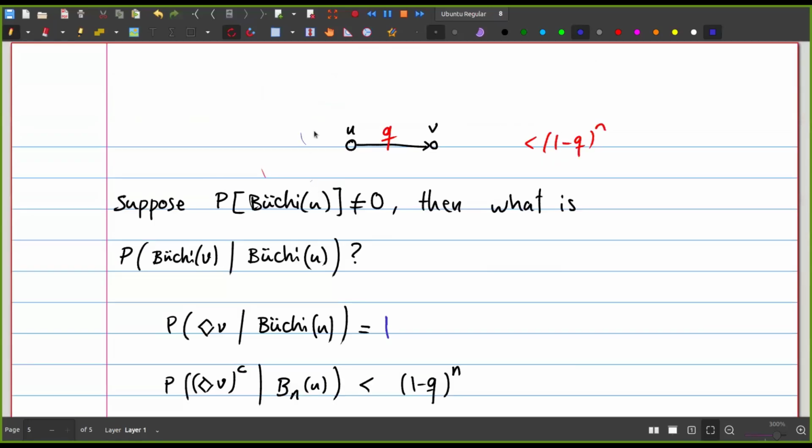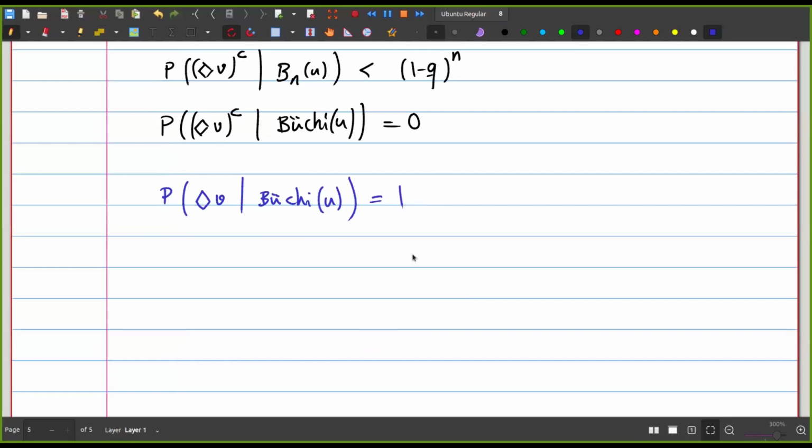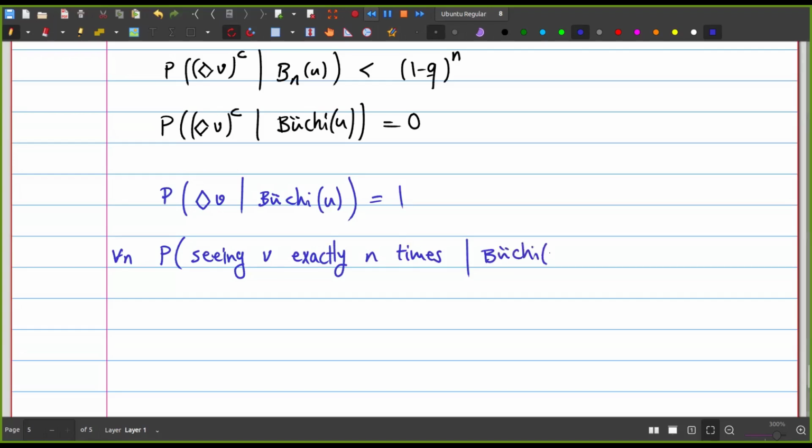Similarly, you can argue that if I'm seeing U infinitely many times, the probability that I see V only twice is 0. The probability that I see V only 3 times is 0. So generally, for every natural number n, the probability of seeing V exactly n times conditioned on the fact that I'm seeing U infinitely many times is going to be 0, right?